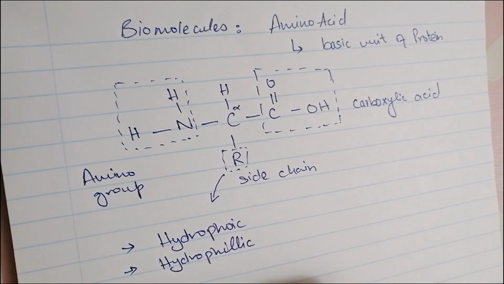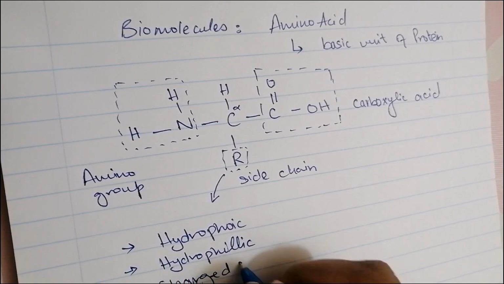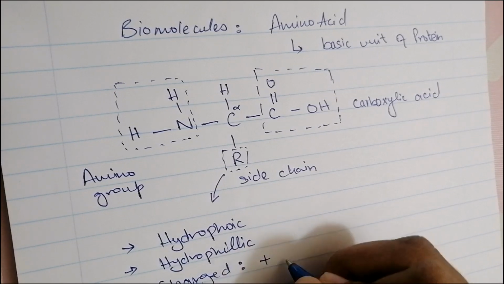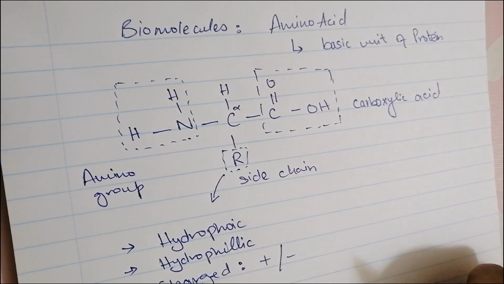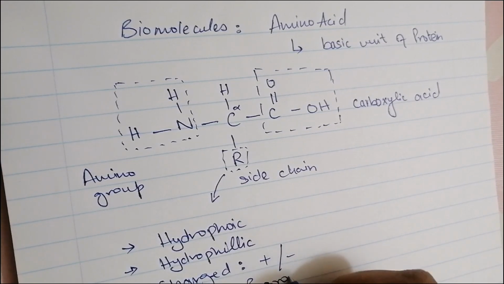Then there is a charged R group. A charged R group can be a positively or negatively charged R group. And then we have special R groups, which are conjugated with other molecules. So I can just write here special R groups.